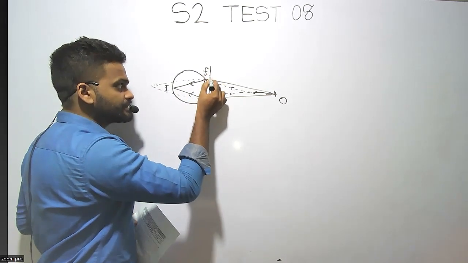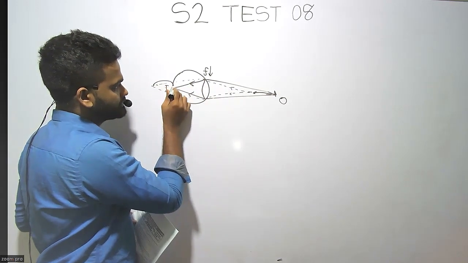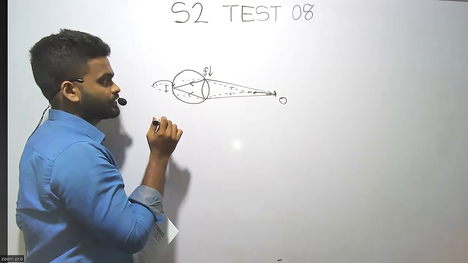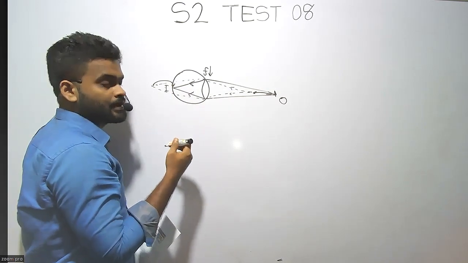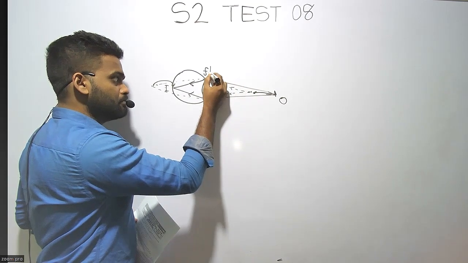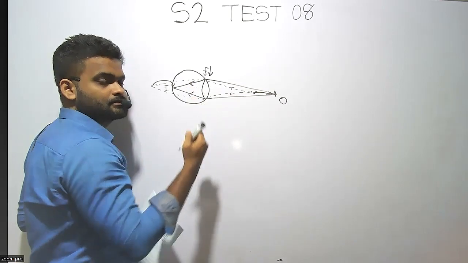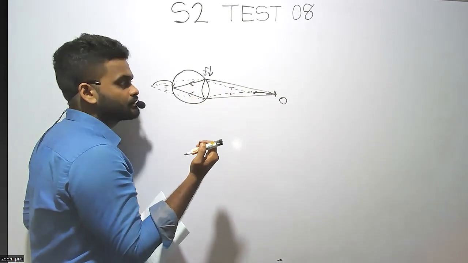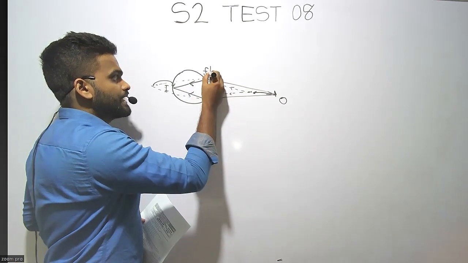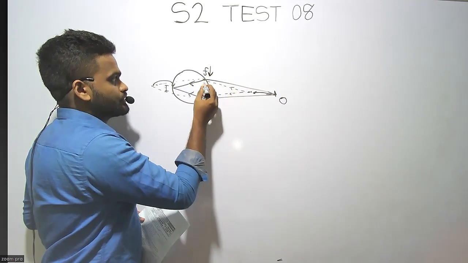It decreases its focal length in order to take the image back onto the retina, right? Then it fixes. But there's a minimum value the focal length can be decreased to. It cannot be decreased to 0. So there's a minimum value for that.